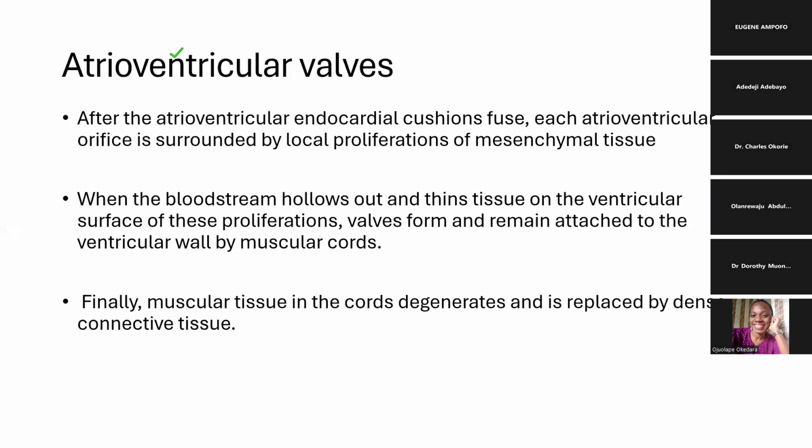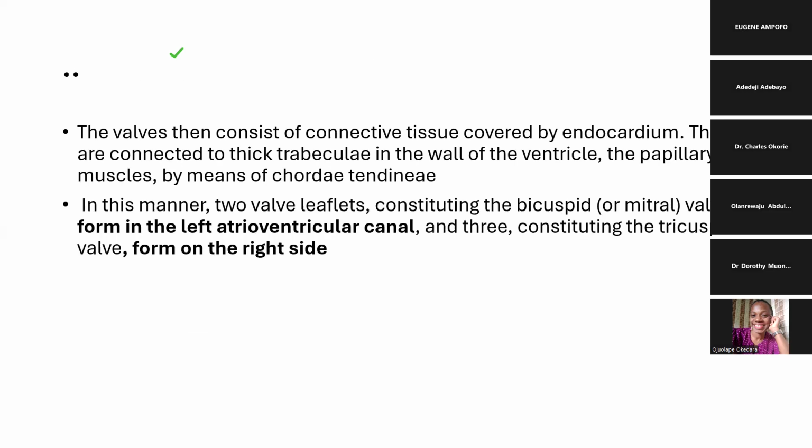Now, atrioventricular valves. After the atrioventricular endocardial cushions are fused, each atrioventricular orifice is surrounded by local proliferations of mesenchymal tissue. When the bloodstream hollows out and thins the tissue on the ventricular surface of these proliferations, valves form, muscular cords finally degenerate and are replaced by dense connective tissue.